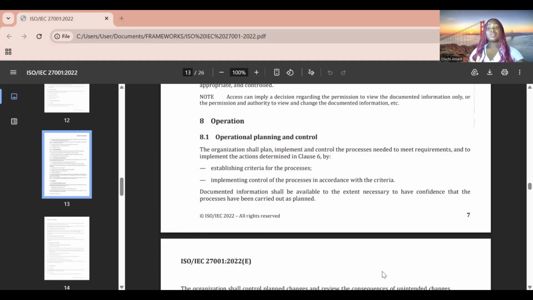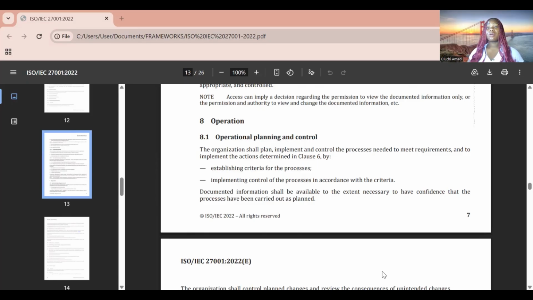So the steps that you need to follow for this clause 8 is, first of all, you have to identify the processes that are needed for all these things. Based on the risk assessment and statement of applicability that you have performed in clause 6, you have to identify the key processes that are required for the operations control, things like access control, incident response, change management, and all that.